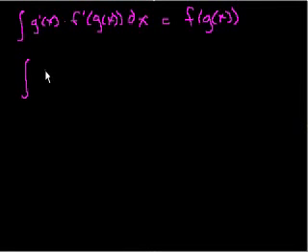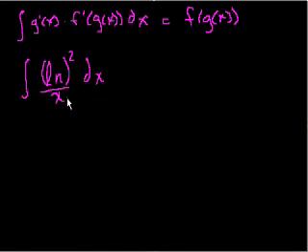Let's say I have the natural log of x squared over x dx. If you saw an integral like this, you'd probably be daunted. Many people well into college calculus courses are still daunted by this problem. But all you have to recognize is this is the reverse chain rule. Why is this the reverse chain rule?